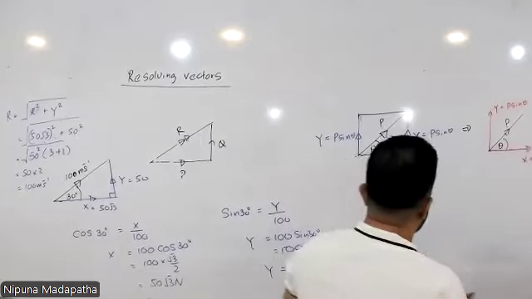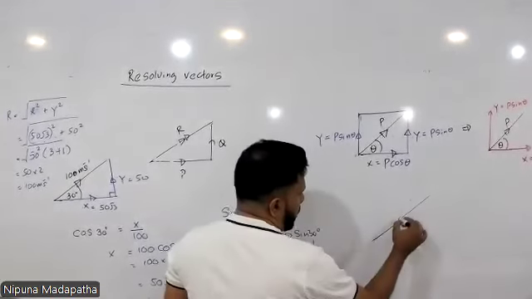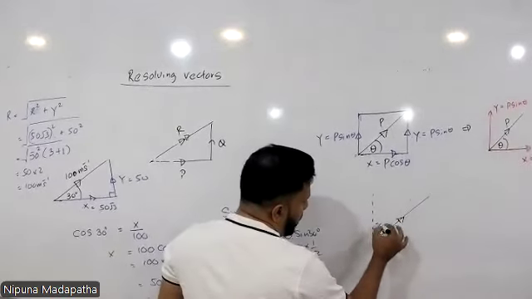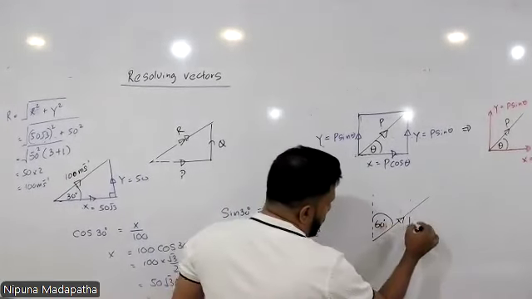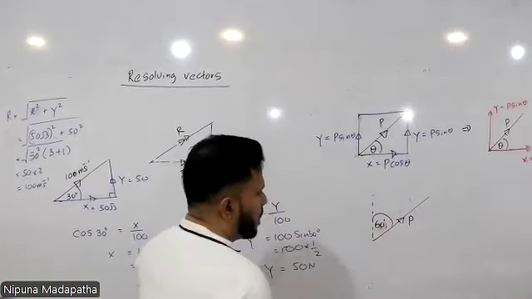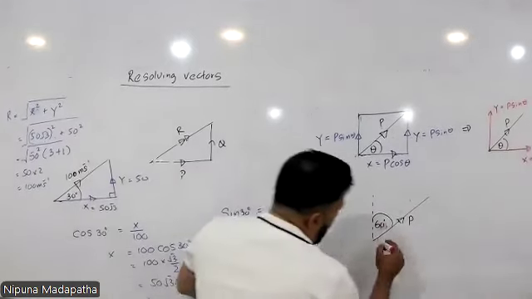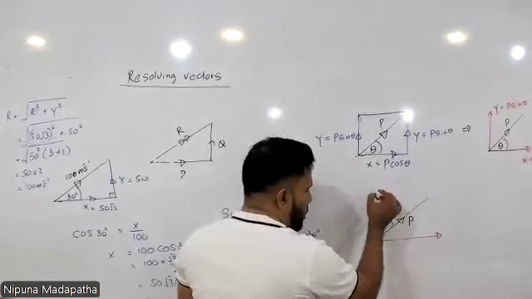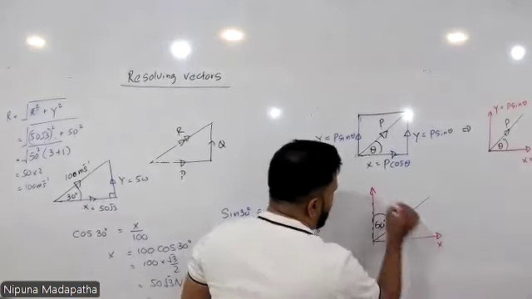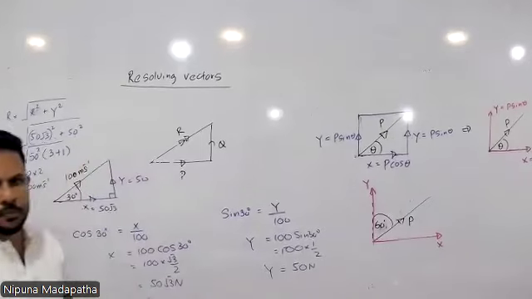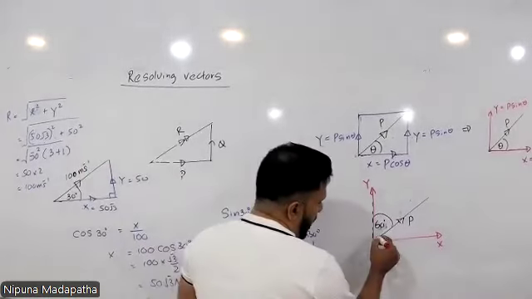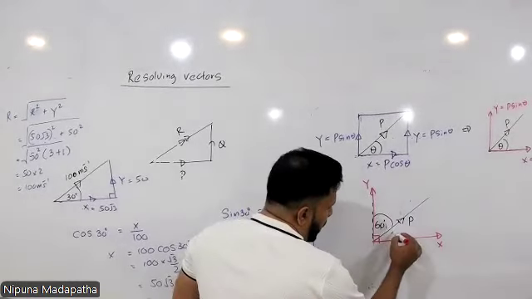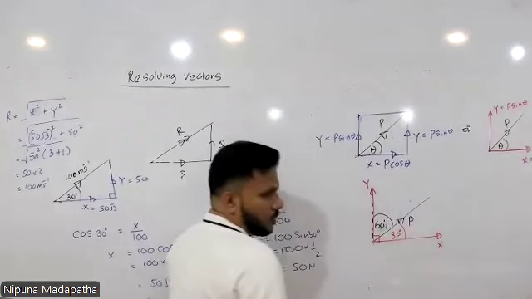For another example, let's think. Now the angle is given from the above. Now this is P. How do we get the horizontal component and vertical component of this vector P? One method is, since this is 90, you can take this angle as 30.